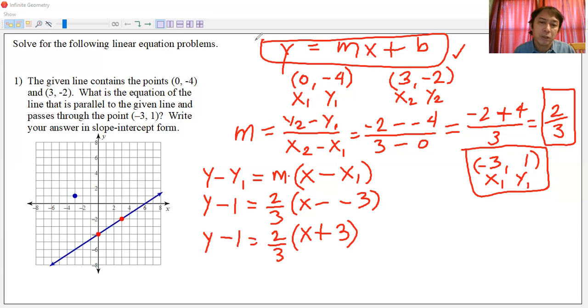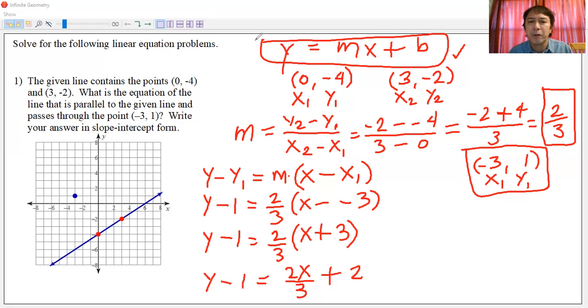Now distributing the 2/3 into the x and into the 3, the right side will be 2x over 3, and then 2/3 times 3 will be 6 over 3, which is 2. The left side is still y minus 1.